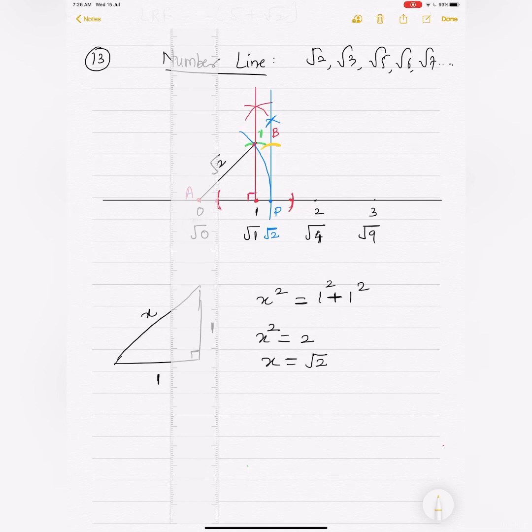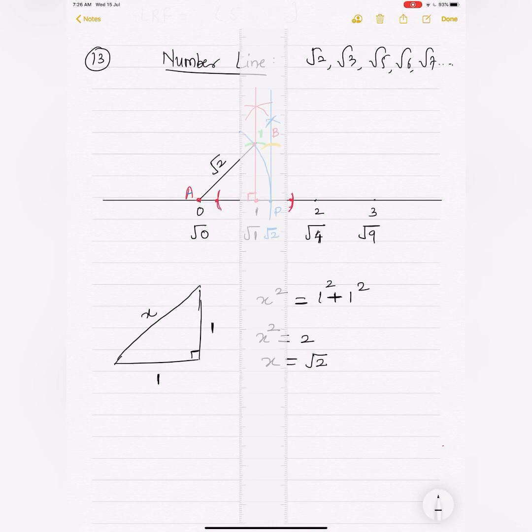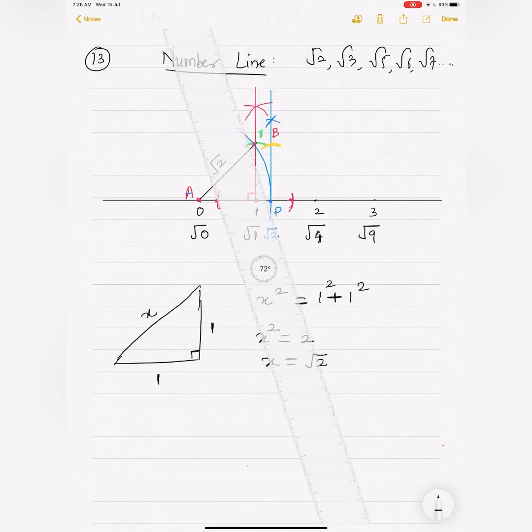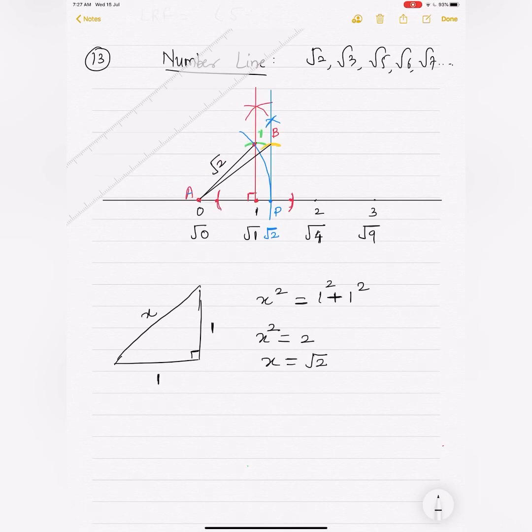Once you draw this, again join from A to B. Now while you join from A to B here, what will this value become? Root 3. This one will become root 3.